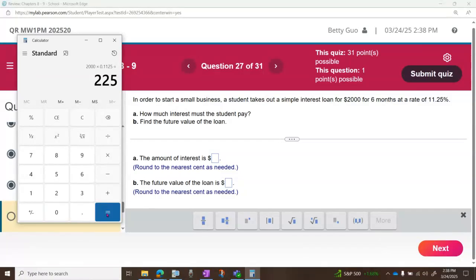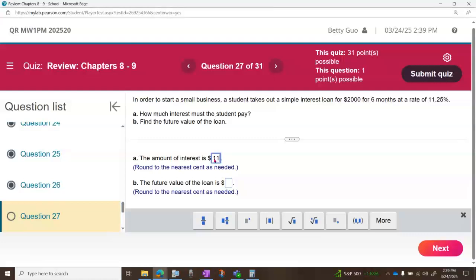Loan amount times annual interest rate gives the interest amount for 1 year. But this student only takes the loan for half a year, 6 months. So we have to divide by 2. 112.5. That's the interest.